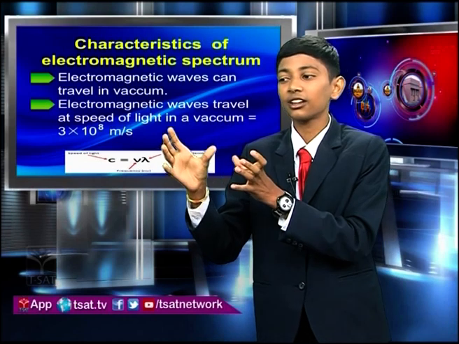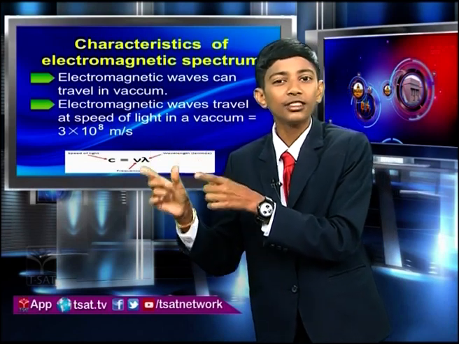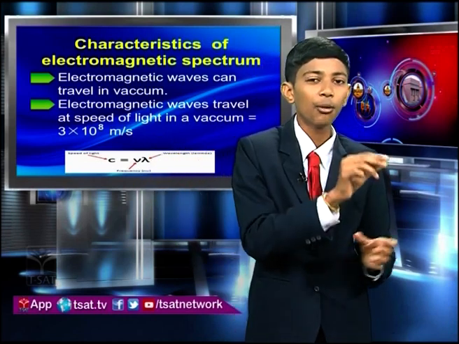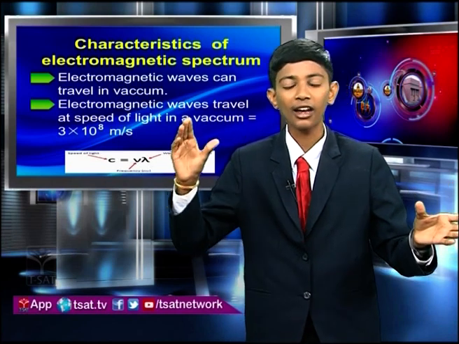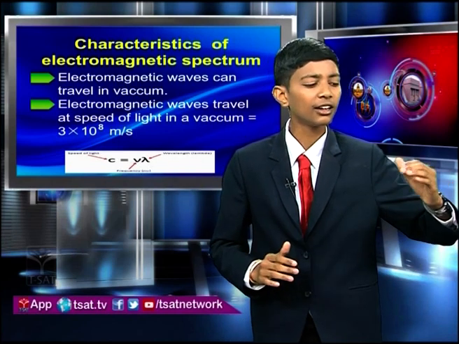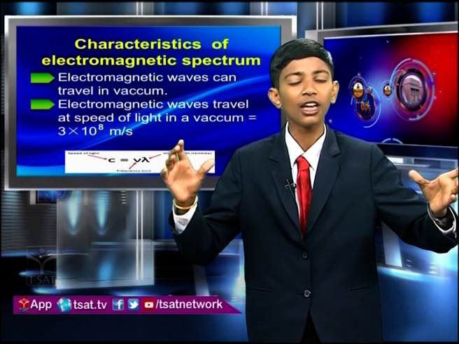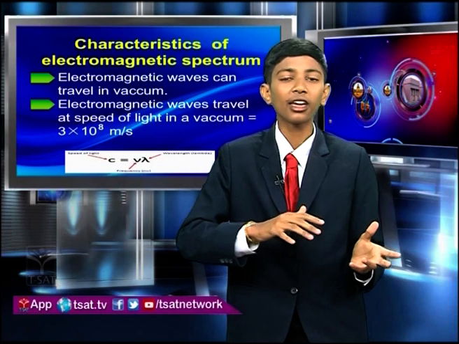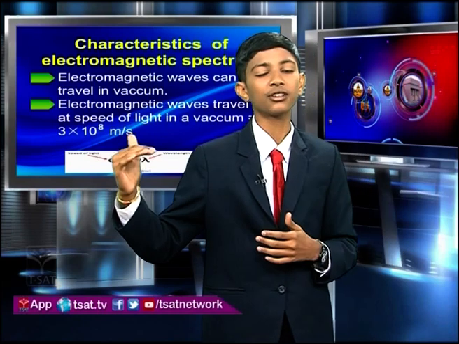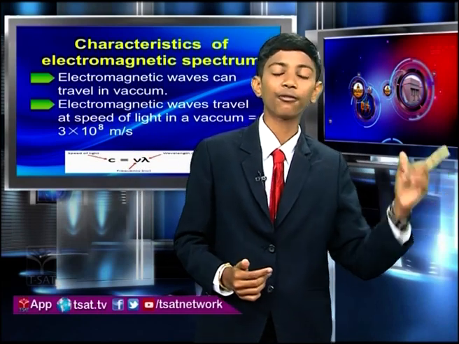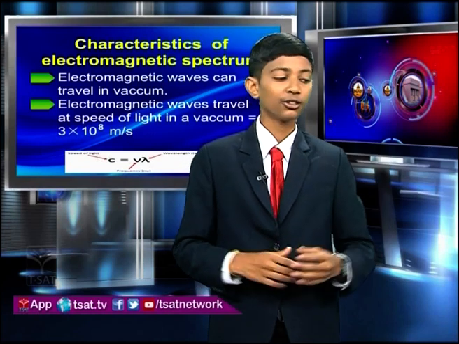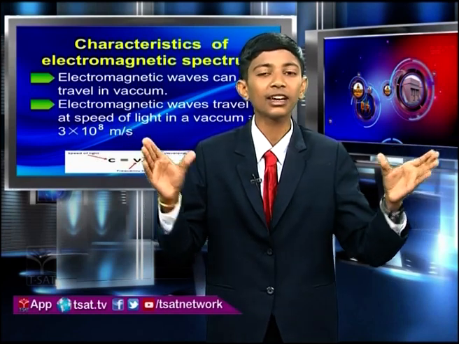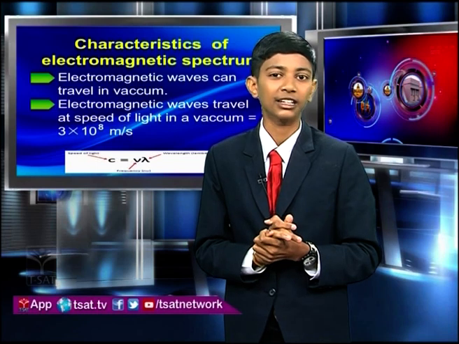We have this constant value because it equals the product of frequency and wavelength, but the relationship between frequency and wavelength is inverse proportion. That's why we can have a constant value for the velocity of light in vacuum. So these are the two main characteristics of the electromagnetic spectrum.